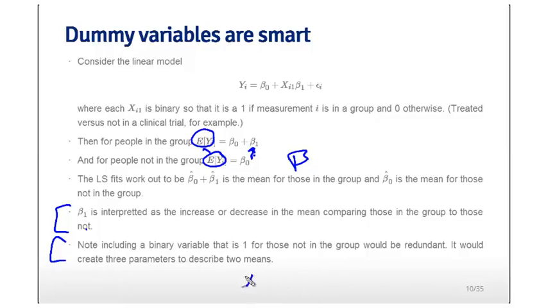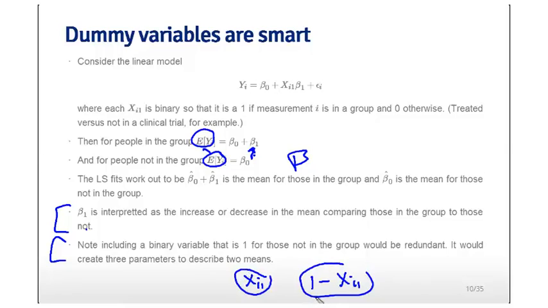If xi1 is our variable that's 1 for those in the group and 0 for those not in the group, then including a variable that's 1 for those that are not in the group and 0 for those who are in the group, that variable just turns out to be 1 minus xi1. You can double check that, but it's pretty clear. When xi1 is 1, it's 0. When it's 0, it's 1. So it just reverses the 1s and 0s in this binary variable.